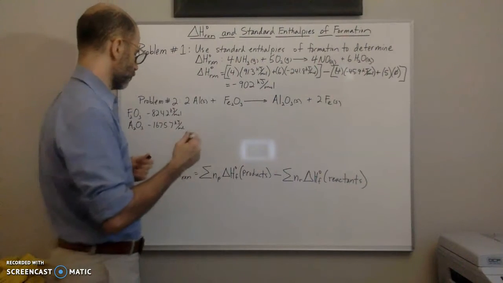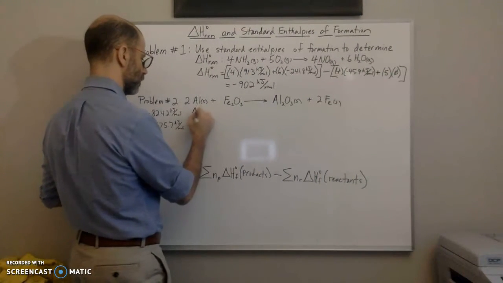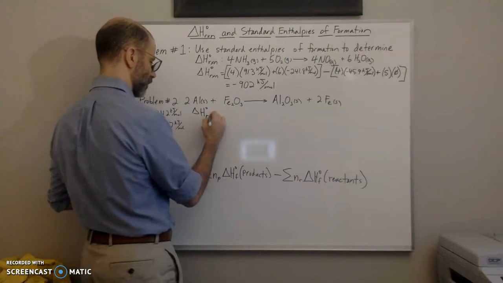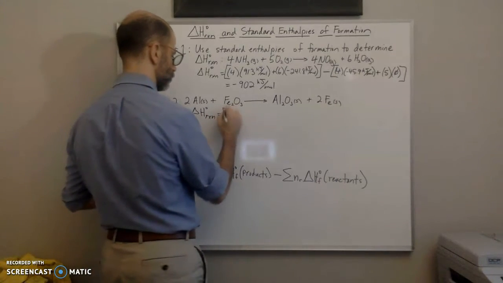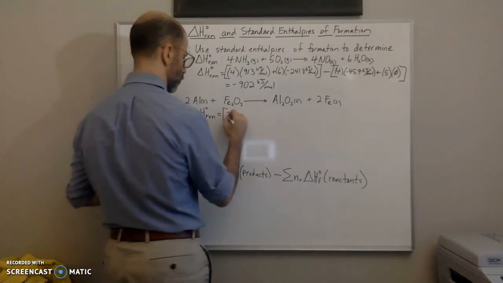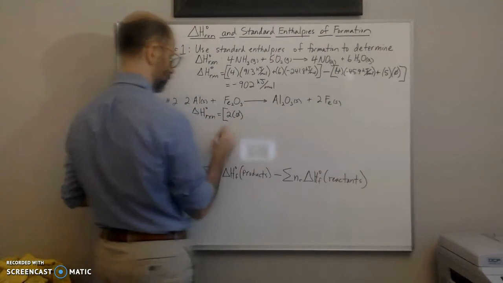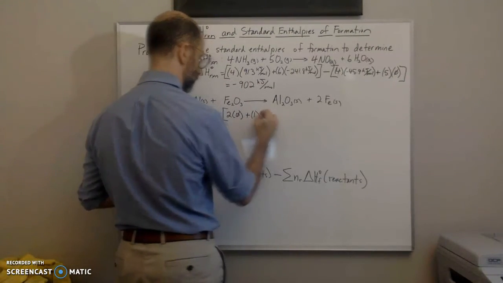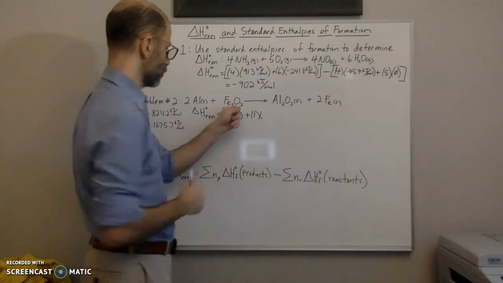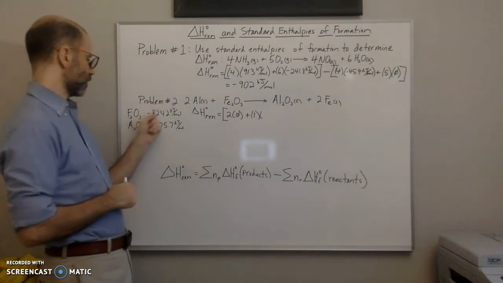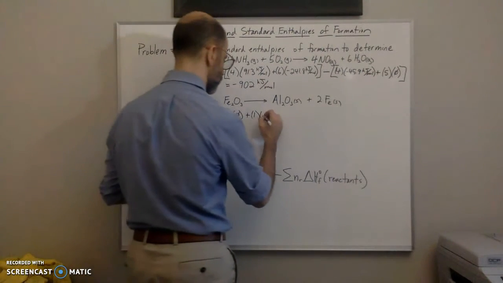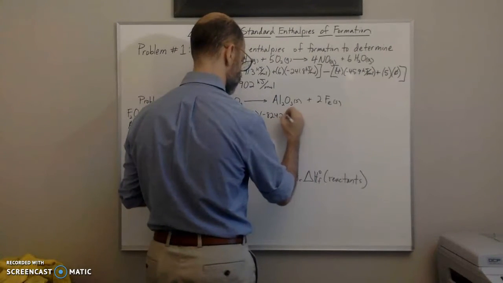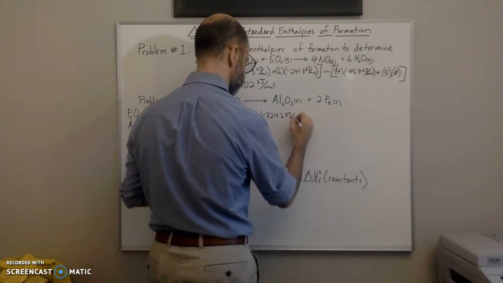So when we add these together, the standard change in enthalpy of the reaction is going to be equal to, and then we have 2, so 2 times 0 is 0, plus, and we have a 1, so 1 times the standard enthalpy of formation of iron 3 oxide, which is negative 824.2 kilojoules per mole.